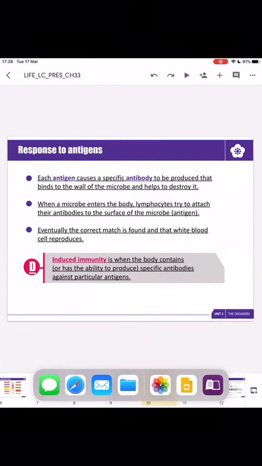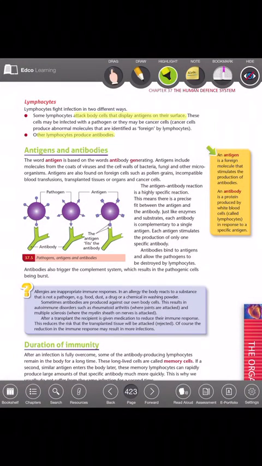So back here now again to our book. So antigens and antibodies then. The word antigen is based on the words antibody generating. So that's actually where it comes from. It's just a mixture of the two words. So that might be a handy way for you guys to remember it.